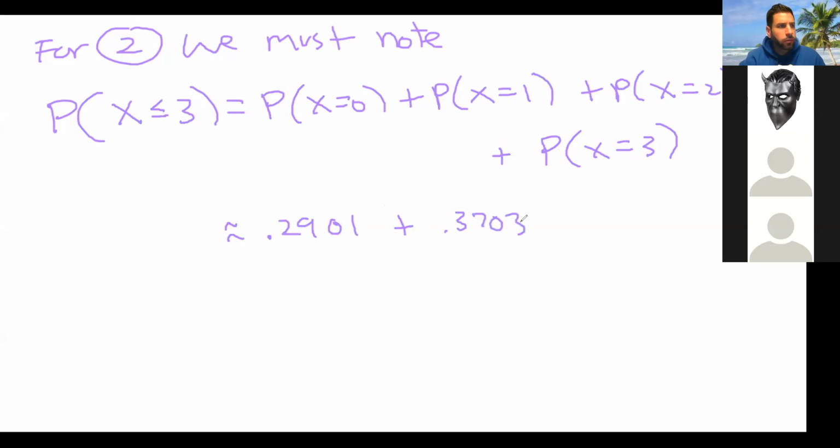So I'll just round to 4 decimal places. Then if I go to my calculator and I ask for 2 successes, I get 0.2246 if I round. And then last but not least, if I ask for exactly 3 successes, I get 0.0860.